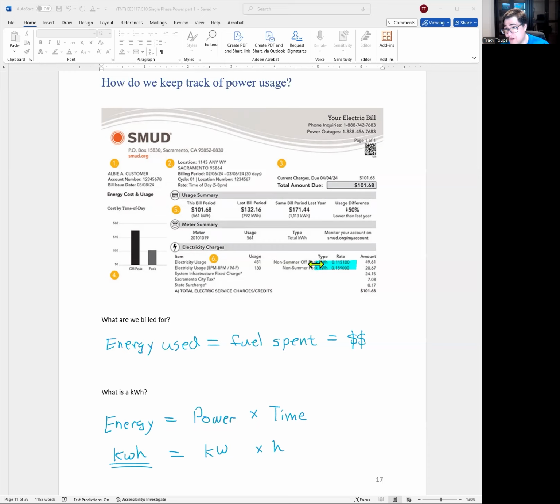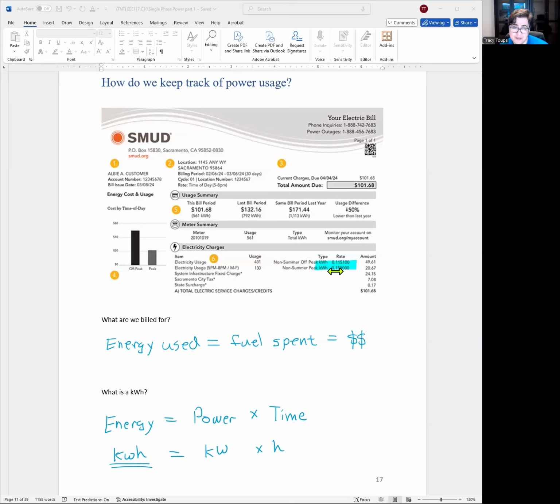Off-peak means nighttime, anything past 8 or 9 o'clock. Every kilowatt hour of energy you use in your house, you're going to pay 11.5 cents. Non-summer peak hours for SMUD, I think, are between 5 p.m. and 8 p.m. If you use energy then, you're going to be spending 16 cents per kilowatt hour.